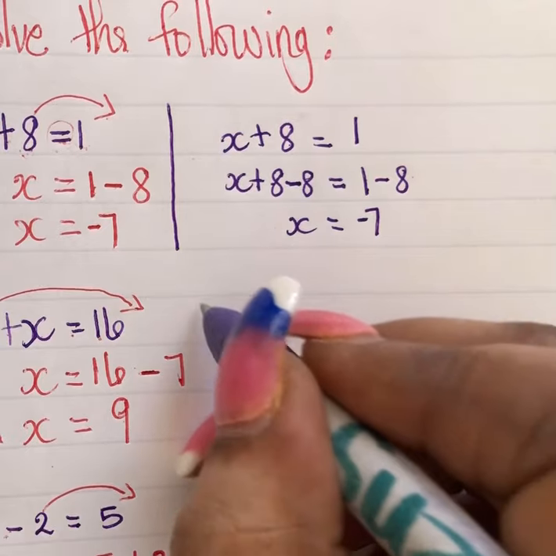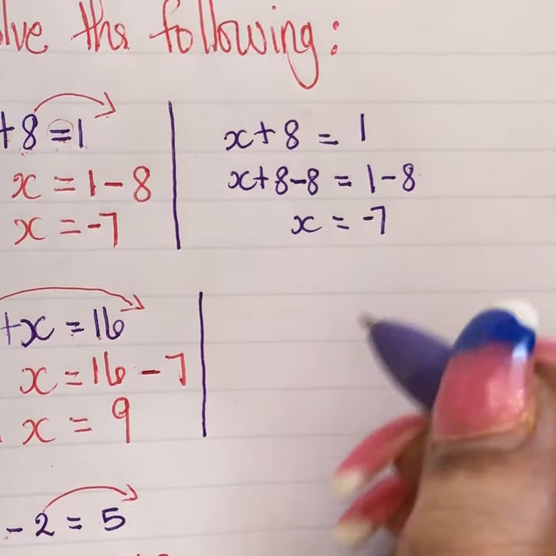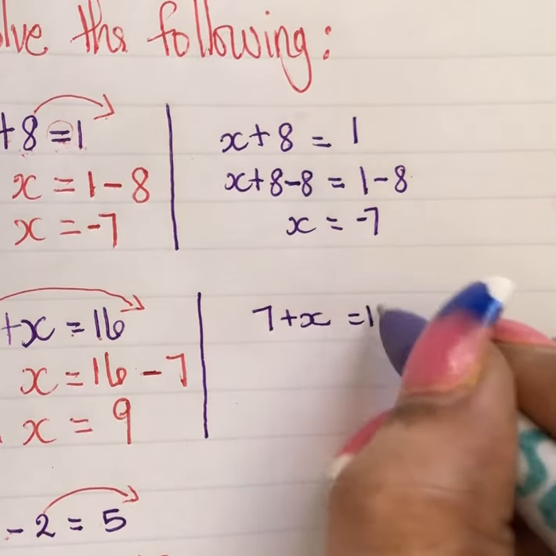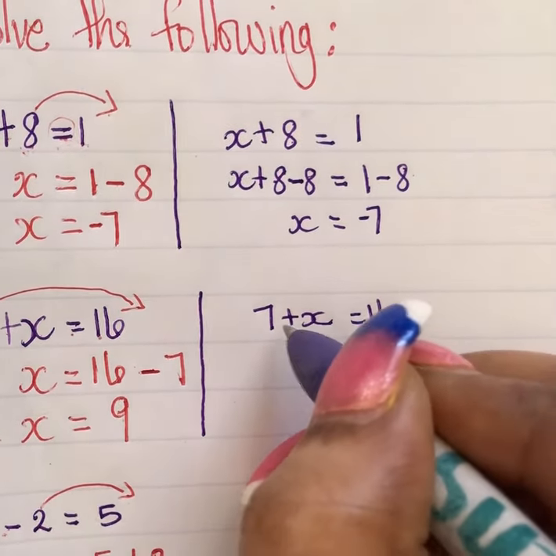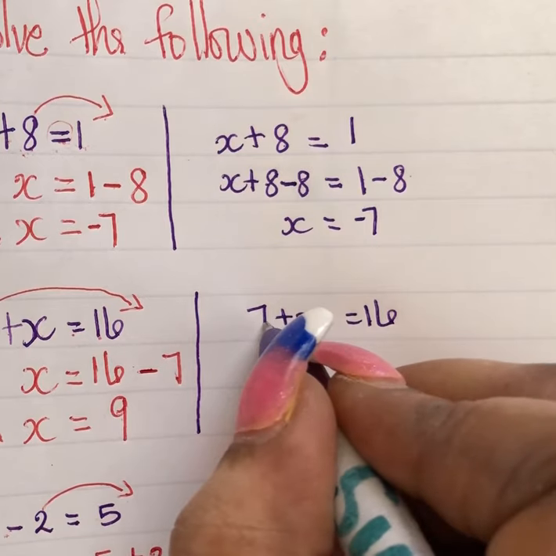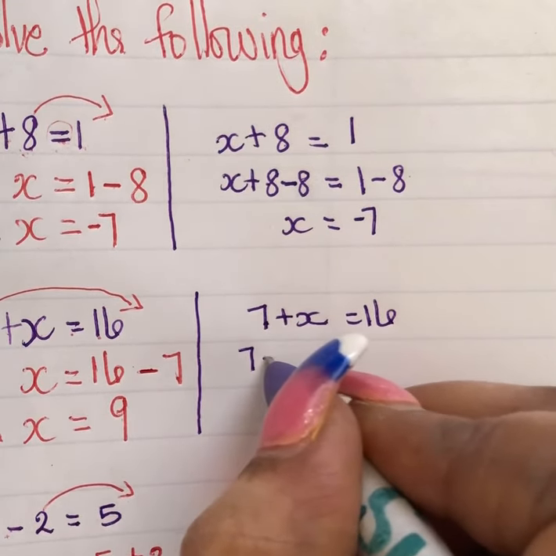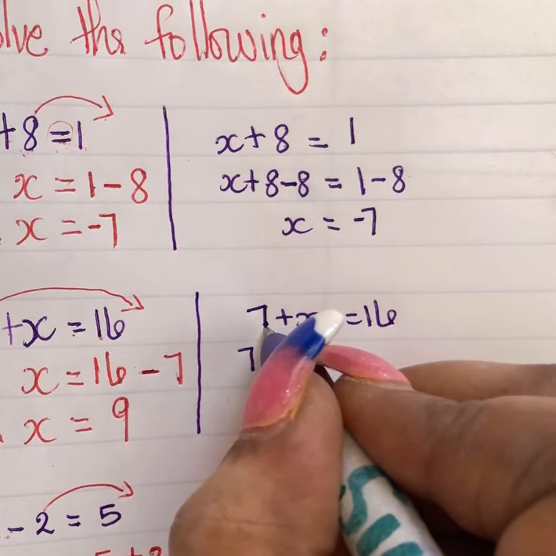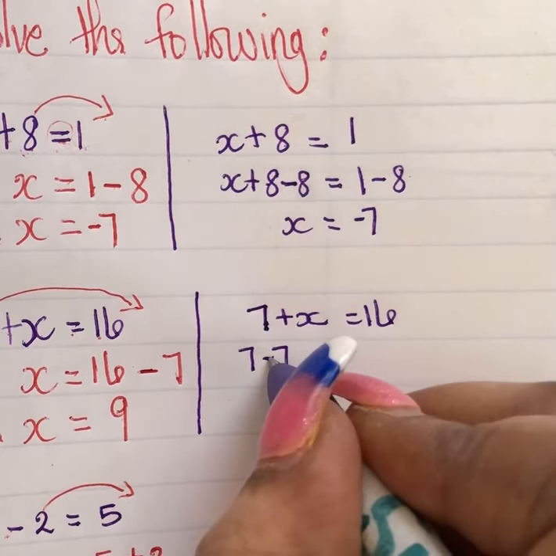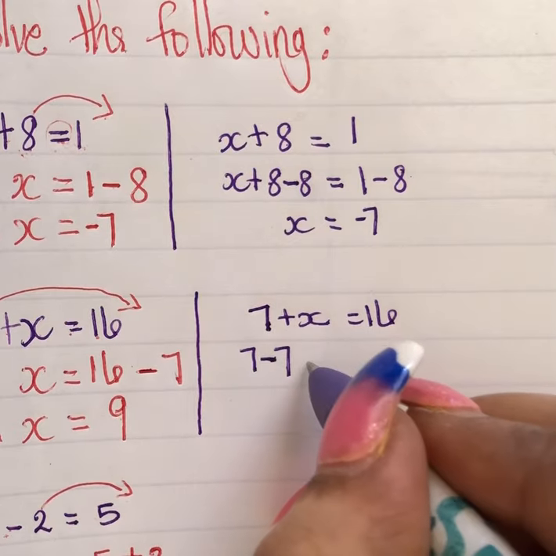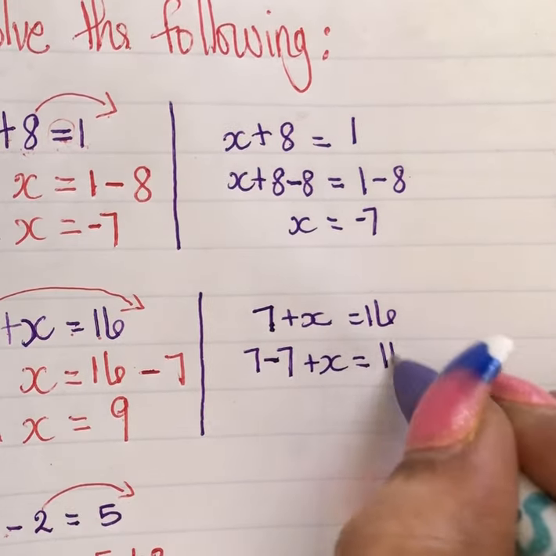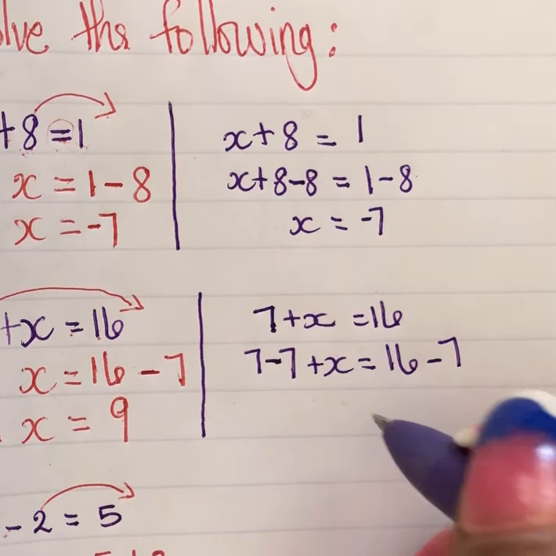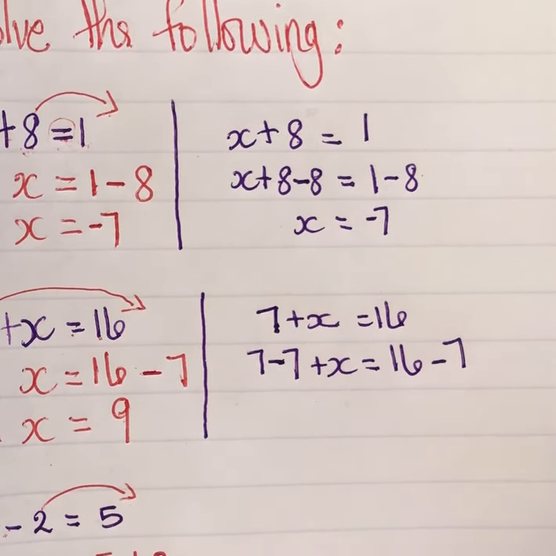Number 2 says 7 plus x is equal to 16. I do the opposite of this 7, which is to subtract 7, because this is a positive as it is. If I subtract 7 on one side, I must also subtract 7 on the other side.